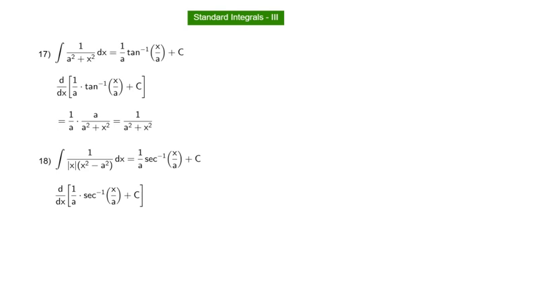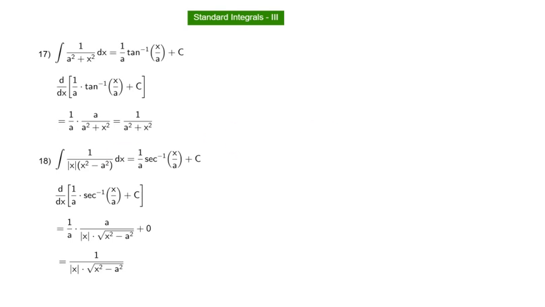So differentiating the right hand side, we get 1 by a constant, so as it is, times sec inverse x by a derivative is a by absolute value of x times square root of x square minus a square plus 0. Simplifying it, a cancel out. So we have 1 by absolute value of x times square root of x square minus a square. So those were some standard integrals.